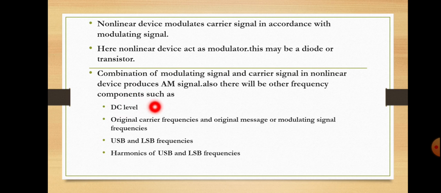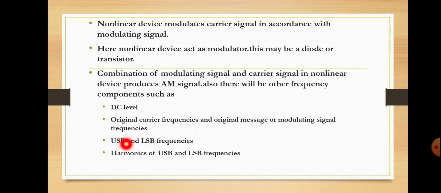Some DC level will be added at the output of the nonlinear device, and there will be the original carrier frequency and the original message or modulating signal frequency. That means the carrier frequency is Fc and the modulating signal frequency is Fm, and both these frequencies will be present at the output of this nonlinear device.